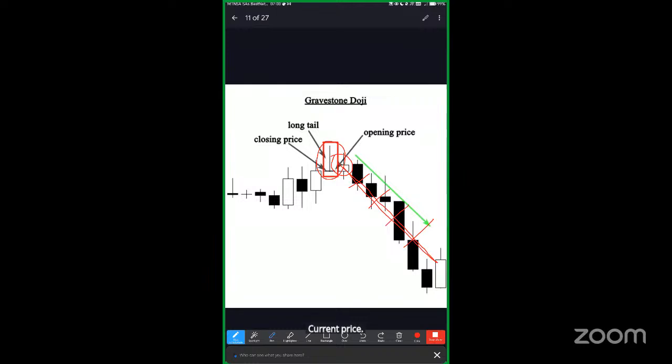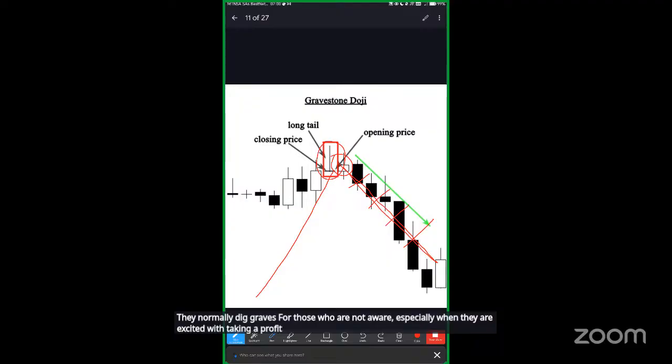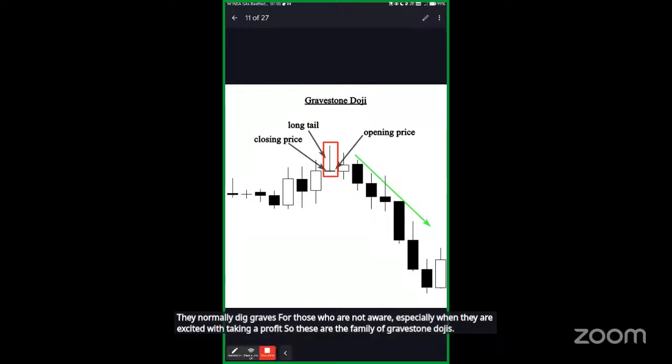So that's what dojis do. They normally dig graves for those who are not aware, especially when they are excited with taking profit. So these are the family of gravestone dojis, the opposite of the dragons.